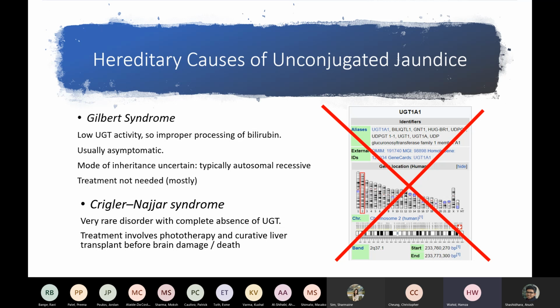This is known as Gilbert syndrome, which usually doesn't require treatment. I think if it gets really intense, you can give them phenobarbital, but most of the time Gilbert doesn't need treatment. It's mostly asymptomatic. It's quite a common condition as well. I think like 5% of the population can have it. And it's typically autosomal recessive, although it can also be autosomal dominant.